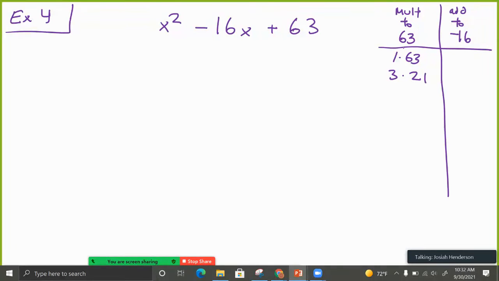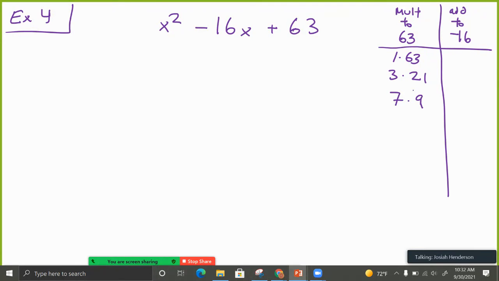And the difference is 18, not 16. It's really close, but that eliminates it. It's not our answer. Let's keep looking. 63 divided by 4 doesn't work. 5 doesn't work. 6 doesn't work. 63 divided by 7? 7 and 9. 7 times 9.